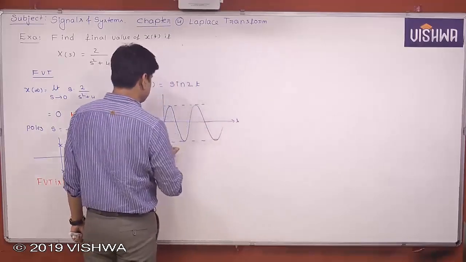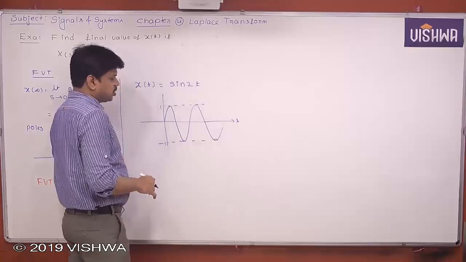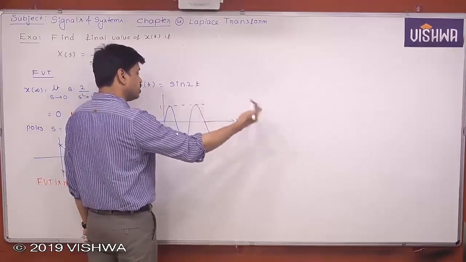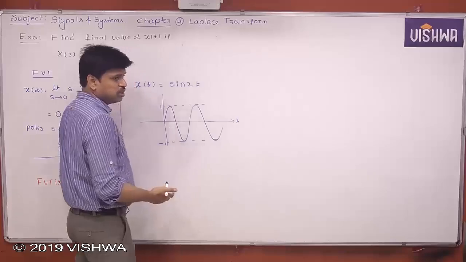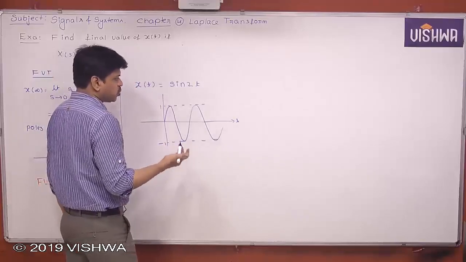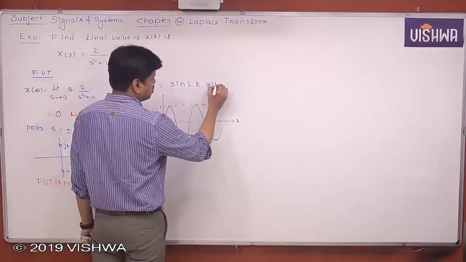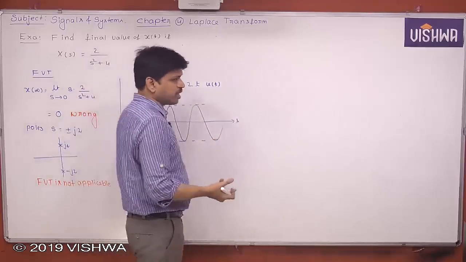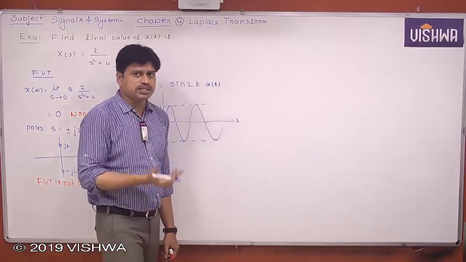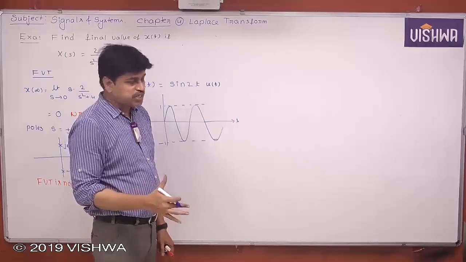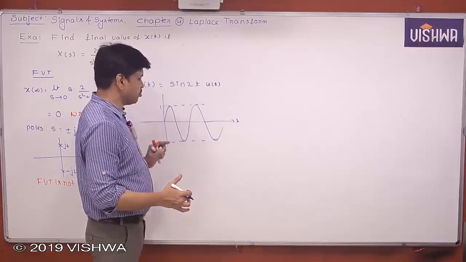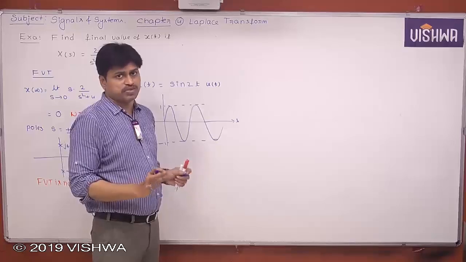Between minus 1 and plus 1, so we are having oscillations, and up to infinity also we are having oscillations only. That means we cannot say certainly what the value is, but we can say only one thing: its value may be any value between -1 and +1.